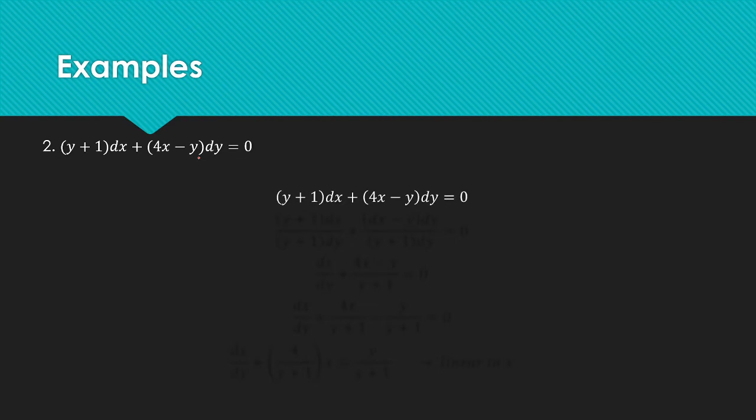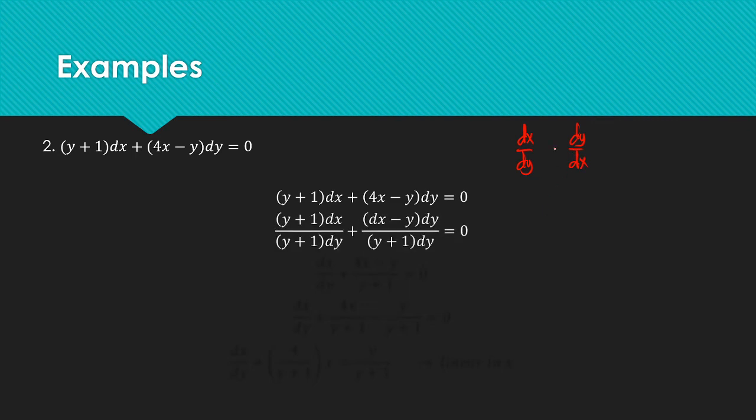So, alam natin class na kailangan for the equation, meron tayong dy over dx, di ba? Or dx over dy, alin dun sa dalawa? Kasi, ang first term, either dx over dy or dy over dx. So, kailangan magkaroon tayo ng either dun sa dalawa. So, tingnan natin yung equation ng mabuti. Mapapansin natin na maraming y.